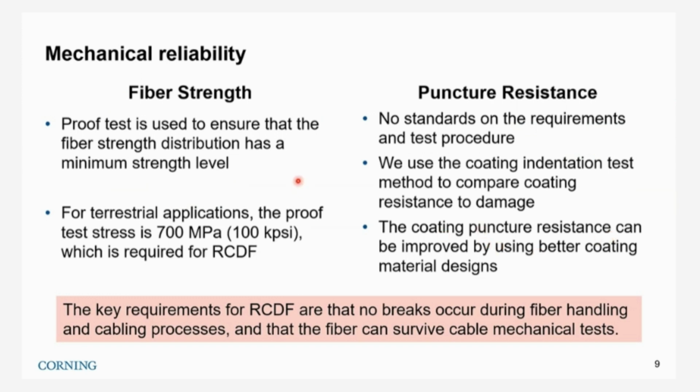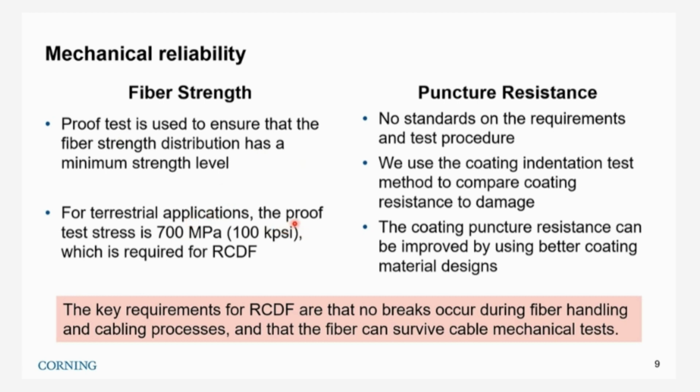For the fiber mechanical reliability, there are two aspects. One is the fiber strength. Normally we use a proof test to ensure that the fiber strength distribution has a minimum strength level.